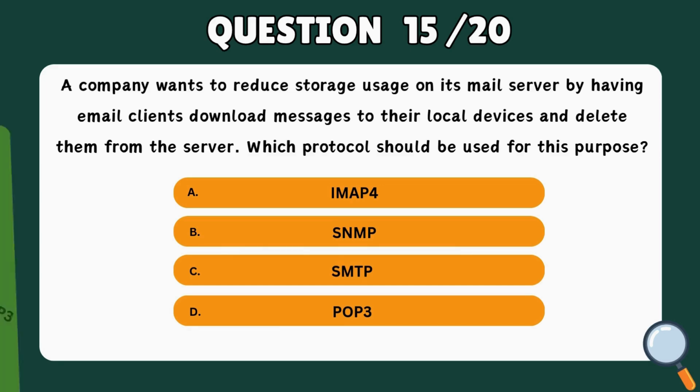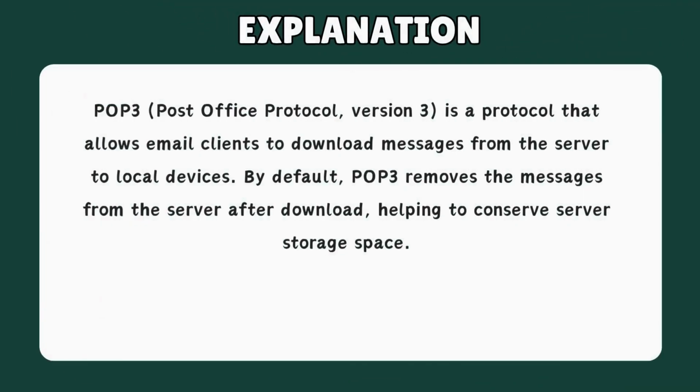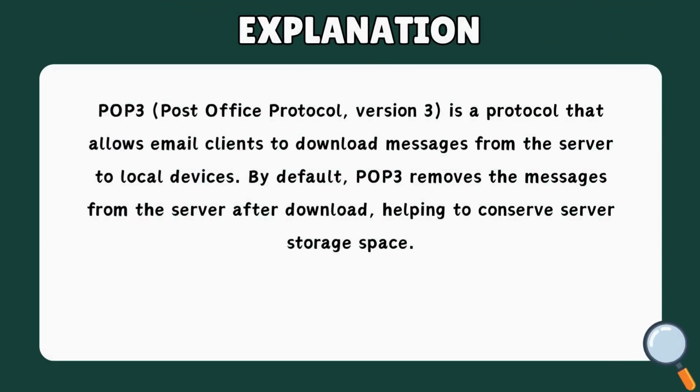Correct answer: D. POP3. POP3, Post Office Protocol version 3, is a protocol that allows email clients to download messages from the server to local devices. By default, POP3 removes the messages from the server after download, helping to conserve server storage space.